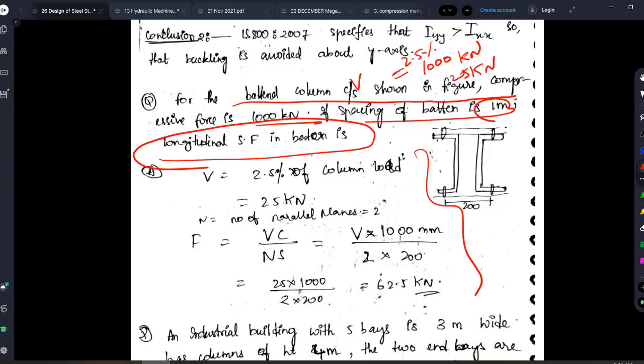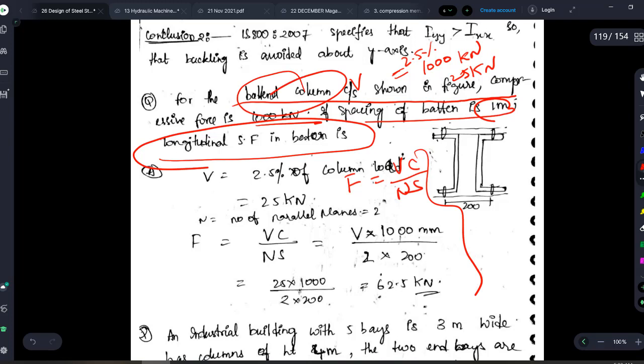So if you want force, that will be Vc by Ns in case of batten system. So V is 25, into C, the distance between two battens, spacing between two battens, right? So that is 1 meter. So you can write in mm 1000 divided by Ns. So you can see the diagram.